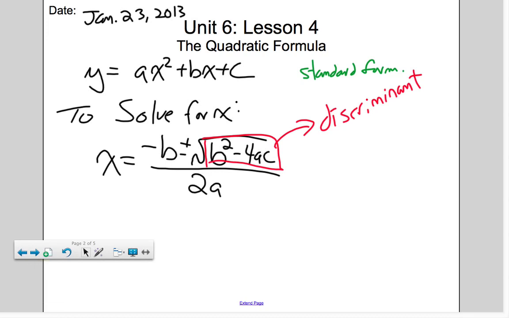What happens? No real root. Yes. If you take b squared minus 4ac, whatever you calculate that number to be, if that's negative, that means there are no real roots.